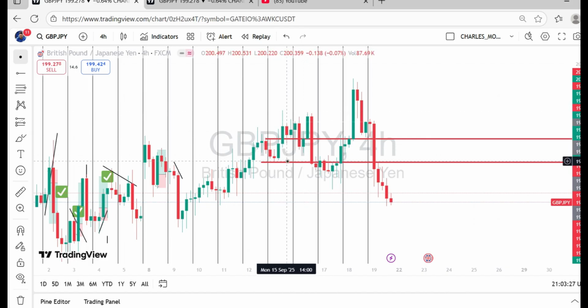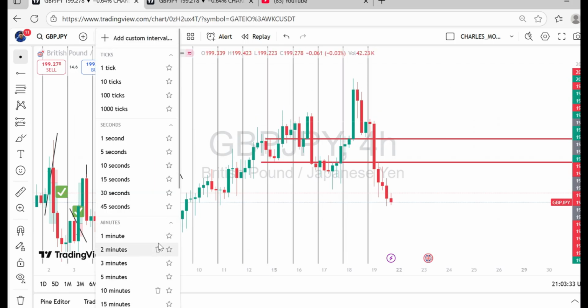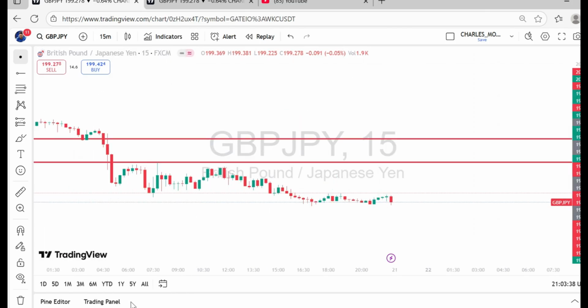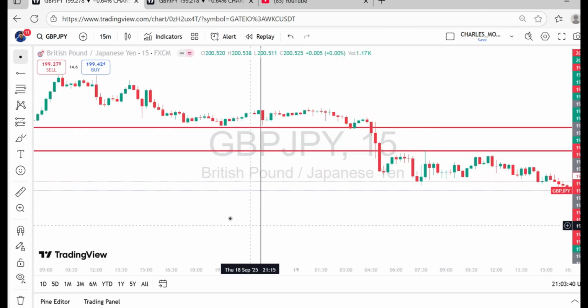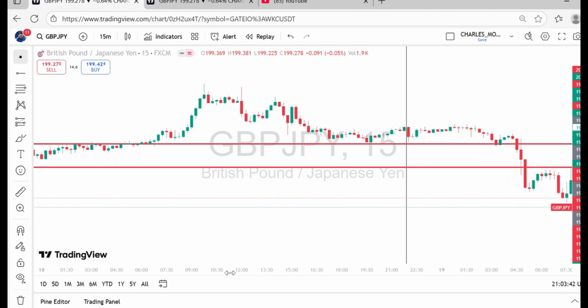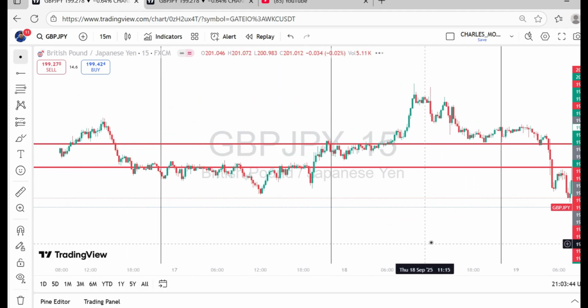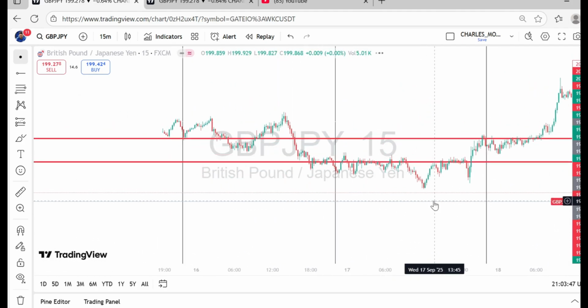After this, I go straight to my 15 minute time frame, because that's where I take my entry. That's also where I plot my trend line to take my entry.